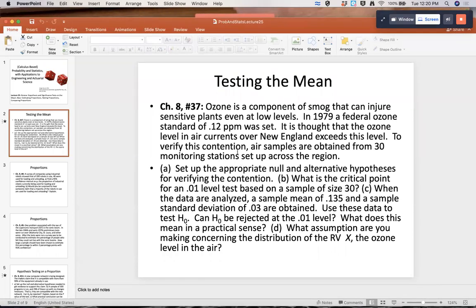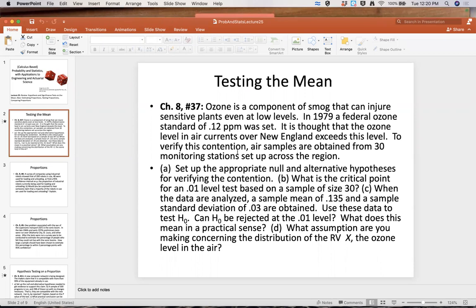This problem, number 37 in chapter 8. Ozone is a component of smog that can injure sensitive plants even at low levels. So that sounds bad. Of course, actually, ozone has good aspects about it. Have you heard about the ozone layer or ozone holes in the atmosphere?